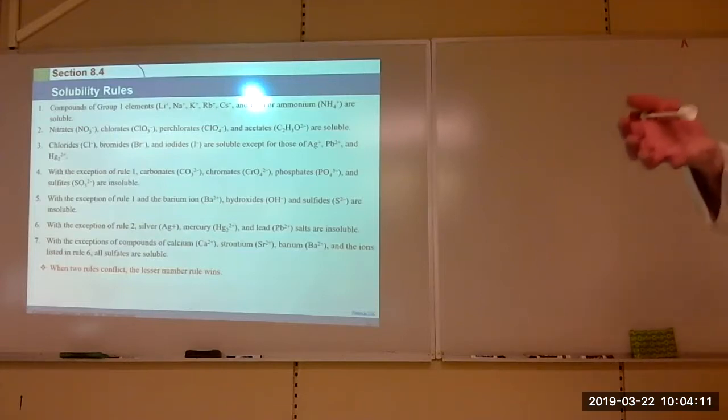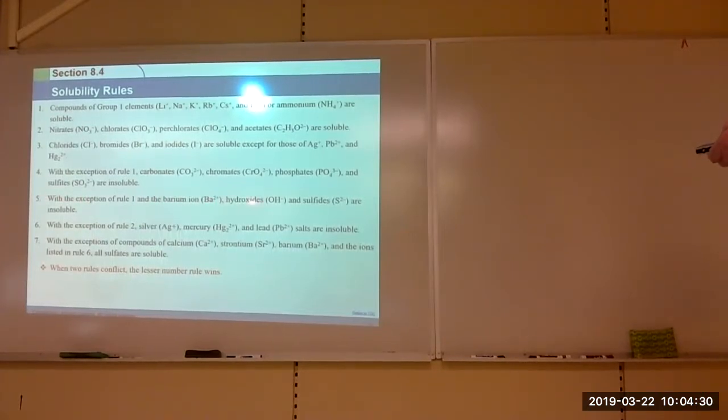Just for future reference, if you have these rules in a list, they're in this order on purpose. Because you may say, okay, I've got something that's a combination of this and something else. But the one down here says that it's insoluble.